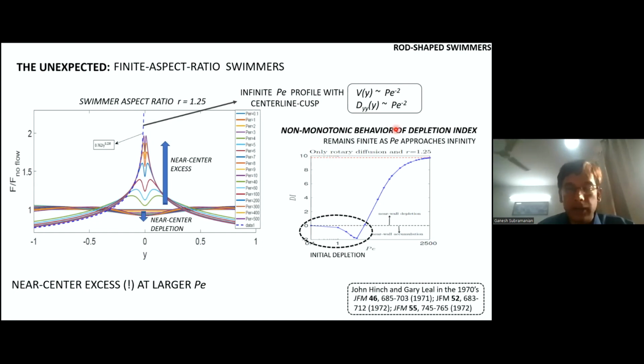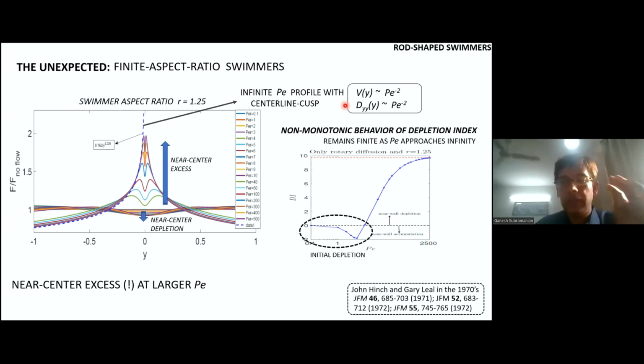So as you can see, this reversal in shear-induced migration led to the depletion index changing sign on the right-hand side. It started off with one sign, which indicated a near center depletion, but then changed sign and asymptoted to a Peclet independent value, because as I already said, the ratio of the drift to diffusivity decides the Peclet dependence of the concentration profile.